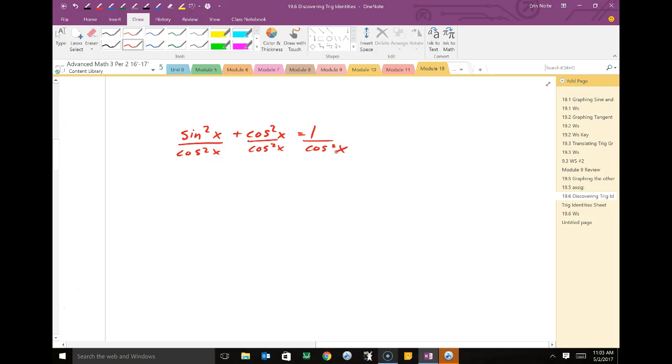Can anybody tell me what sine squared over cosine squared becomes? Good. Do you remember in one of the previous lessons we said that tangent is equal to sine over cosine? Here, I'll write it down.